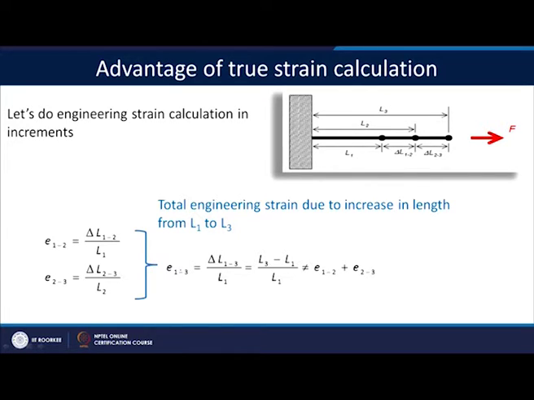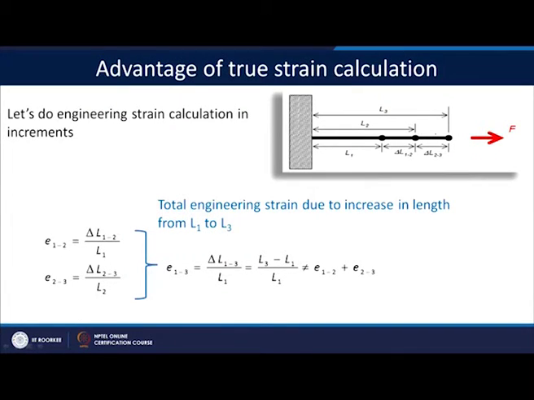In terms of dimension, in both cases the dimension of my material is the same: L1 to L3. That cannot be changed. The length has increased from L1 to L3. In one case we have done this in increments, in the second case in one go from L1 to L3.